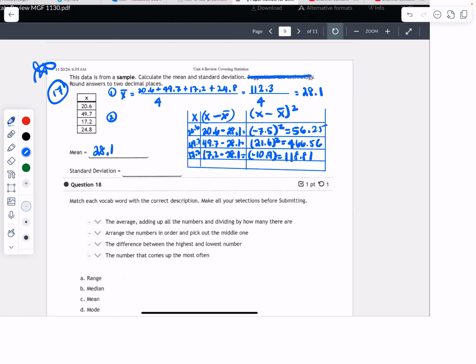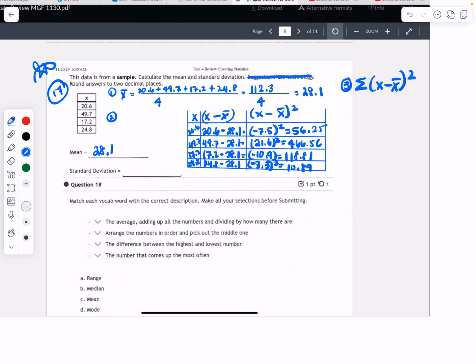Okay, and I have one more. 24.8. So 24.8 minus 28.1 equals negative 3.3. I'm going to square that, and I get 10.89.